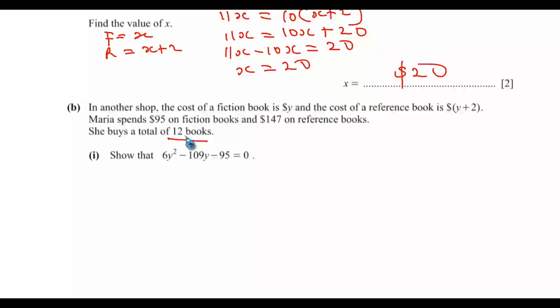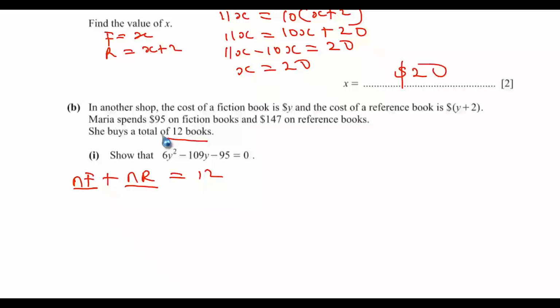So the number of fiction books will be n times f, plus n times r, must be equals to 12. So this one will give us the number of fiction books she bought, while this will give us the number of reference books she bought, and the two must add up to 12.